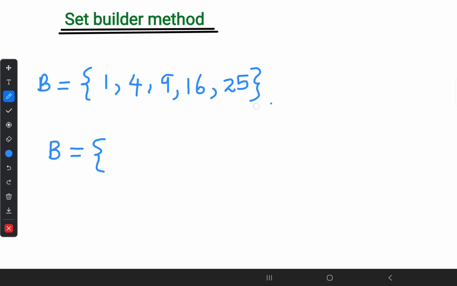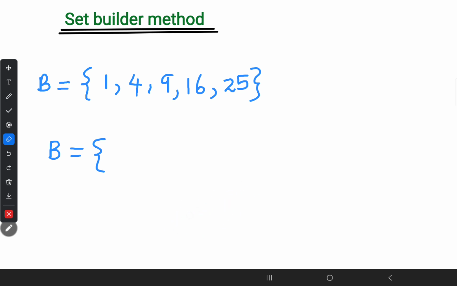We have all the solutions for this B. If the question was asked, you should find the answer. If the answer is already given, you should find its respective question. That's what we have to do here.